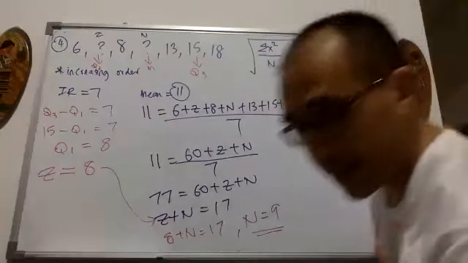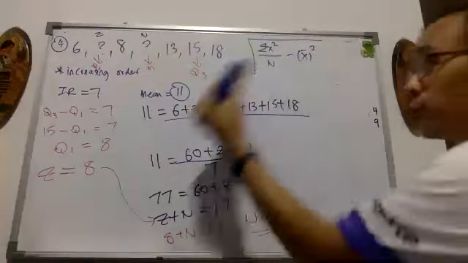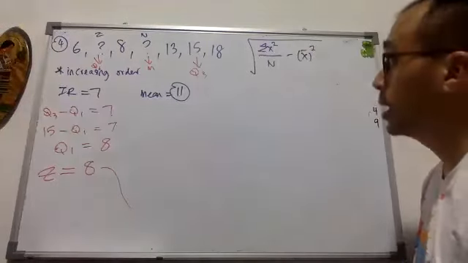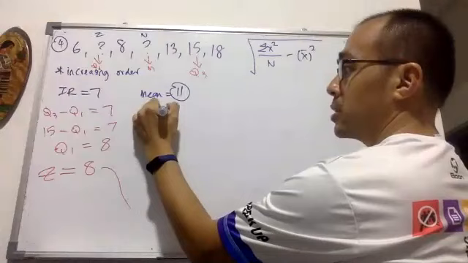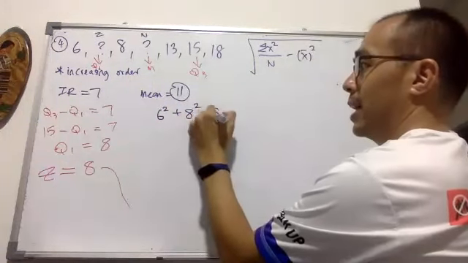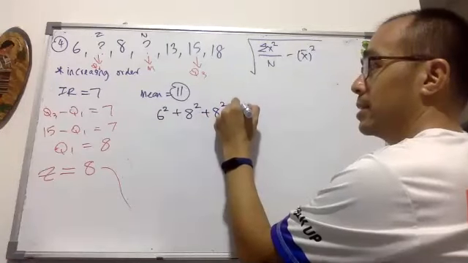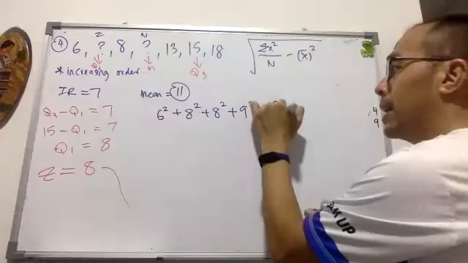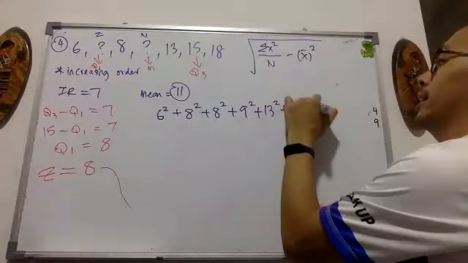So if it is the x squared, and you have the total of the x squared, the total of the x squared is 6 squared plus 8 squared plus 8 squared plus 9 squared plus 13 squared plus 15 squared plus 18 squared.